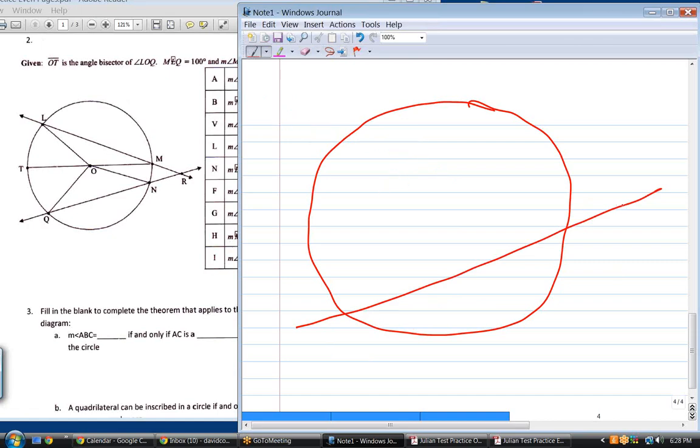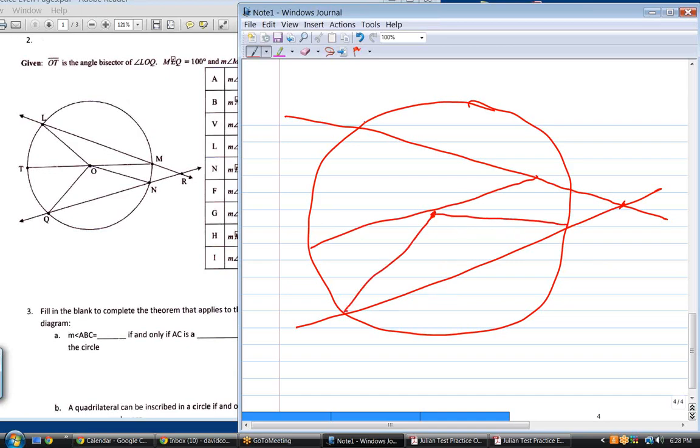Hold on, let's see. These intersect outside of the circle. Not that easy to even draw.